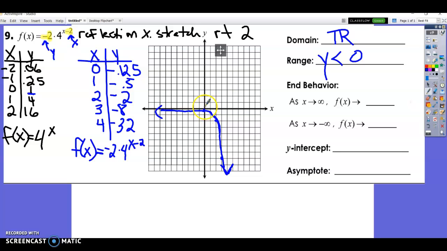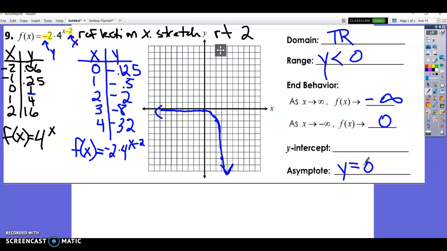And then when x is going to positive infinity, my y's are going down, so negative infinity. And then as x approaches negative infinity, it's getting very close to 0, so it's approaching 0. Alright, that means the asymptote here is still at y equals 0.